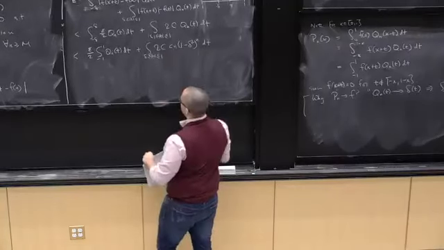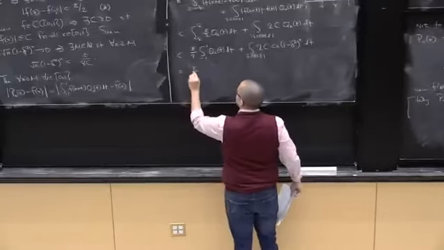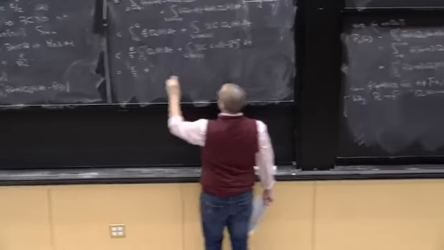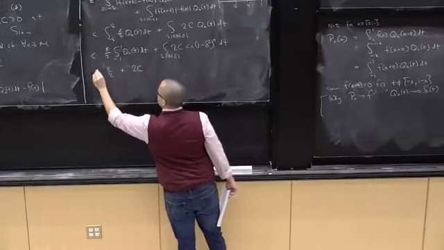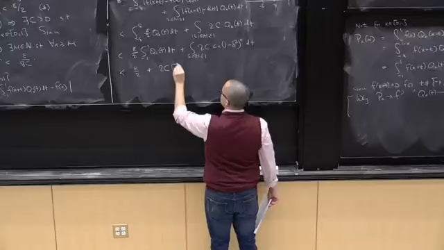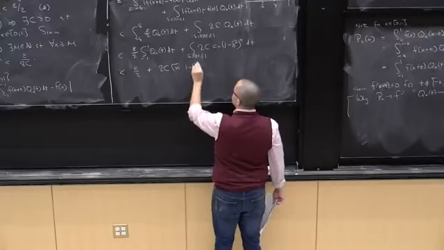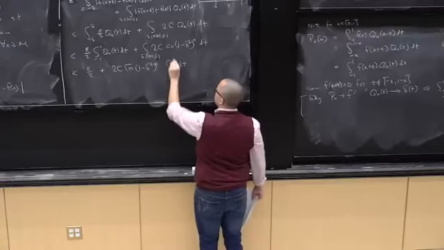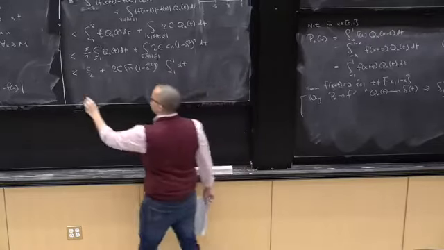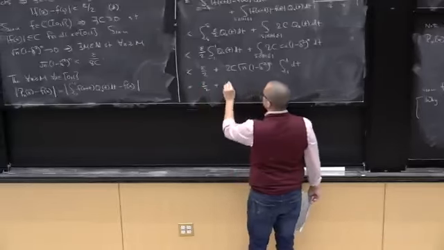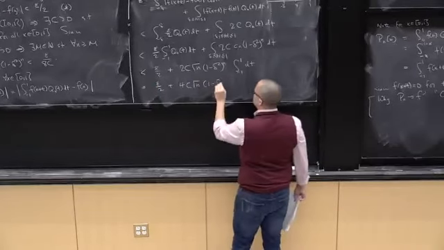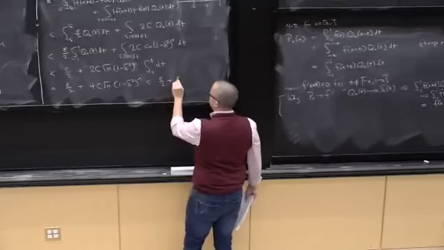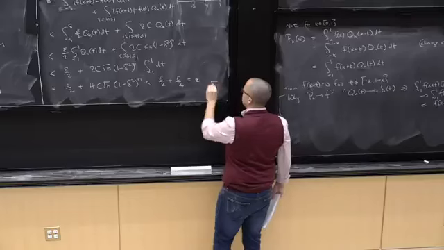There's no t here, so this is equal to epsilon over 2, because this integral is 1, plus this c_n, remember, is less than the square root of n times (1 minus delta squared) to the n, times the integral over this region dt, which I can make bigger by going from -1 to 1. It gives me 2. And this is equal to epsilon over 2 plus 4c times the square root of n times (1 minus delta squared) to the n. And this is less than epsilon over 2 plus epsilon over 2, which equals epsilon.